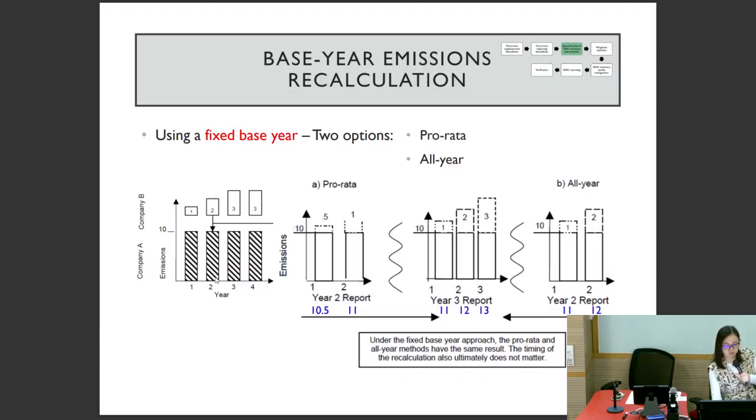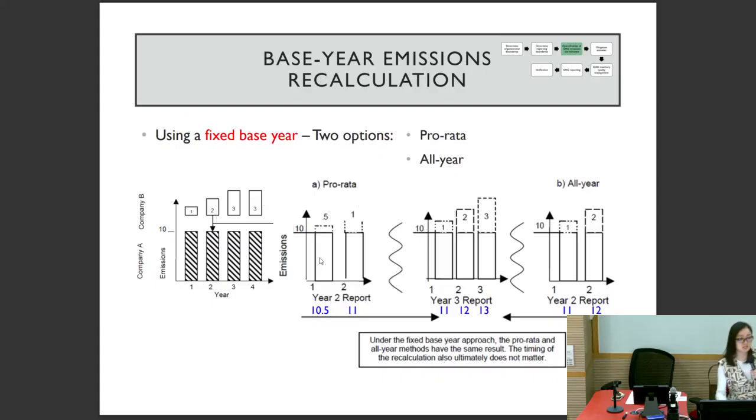For year 2, the emissions of company B are 2 units, so half would be 1 unit. So in the year 2 report, the total emissions by company A and company B should be 10 plus 1: 10 for company A, and for company B, half of 2, so 1.